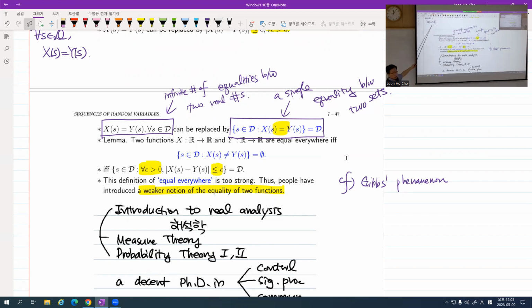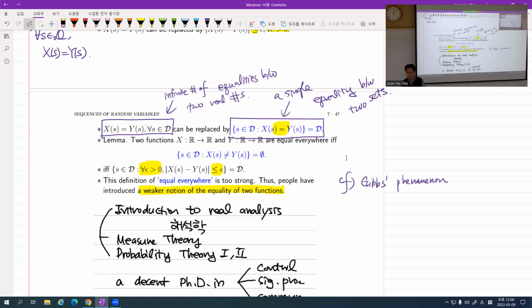So in order to replace this uncountably infinite equality of two real numbers, we use the set equality. Got it? So here goes the trick. We form a set where the two functions have the same value. So we restrict S to a member of the common domain. And among such S, we only take S that satisfies this condition.